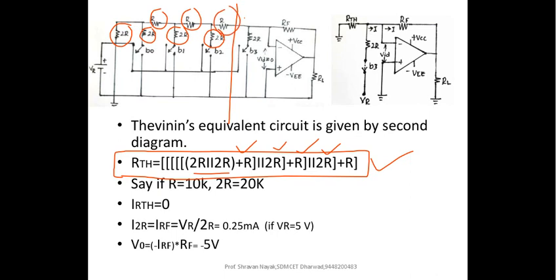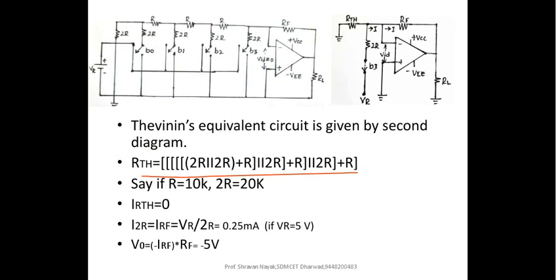In this way you have the equivalent network. This 2R and 2R will give me R, R plus R is 2R, then again in parallel with 2R gives R, R plus R is 2R, 2R and 2R in parallel is R, then finally that is added with R. So the equivalent resistance here is going to be 2R. The Thevenin's equivalent resistance is 2R here.